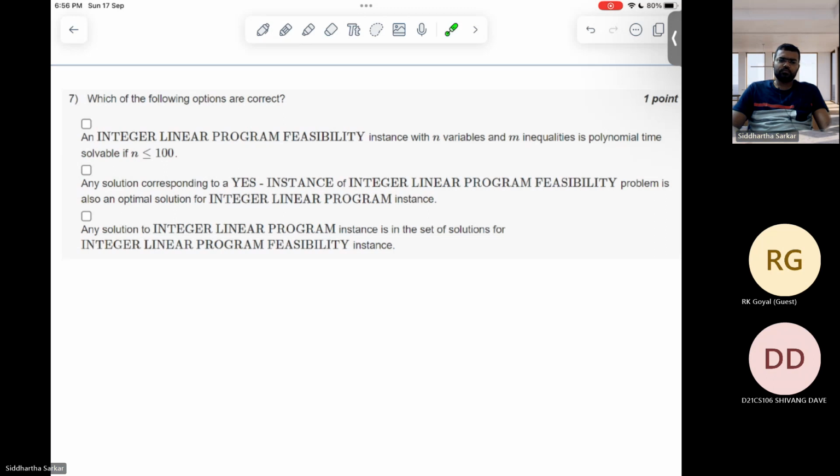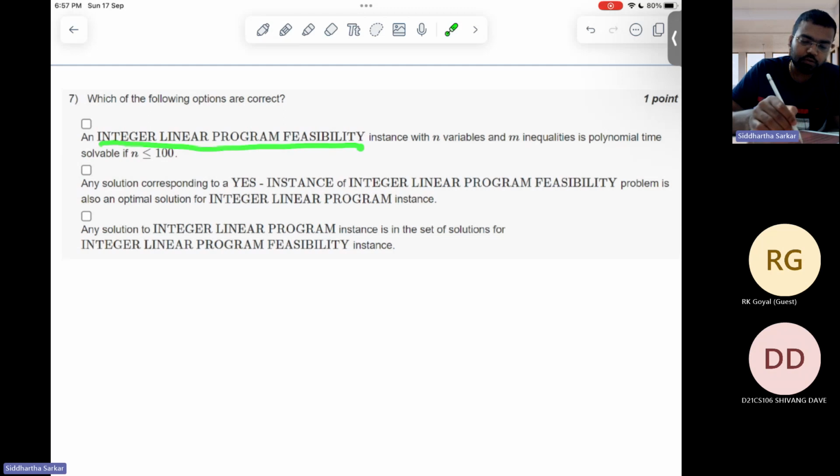So it is interesting to see that if we formulate the integer linear program, then we can do something useful with it. So there is a question called integer linear program feasibility. It basically gives you an integer linear program and then asks whether you can find a solution which respects all the constraints.